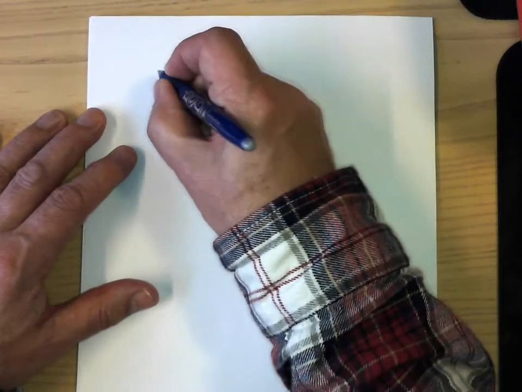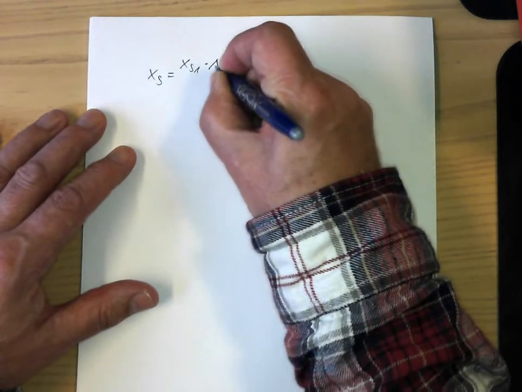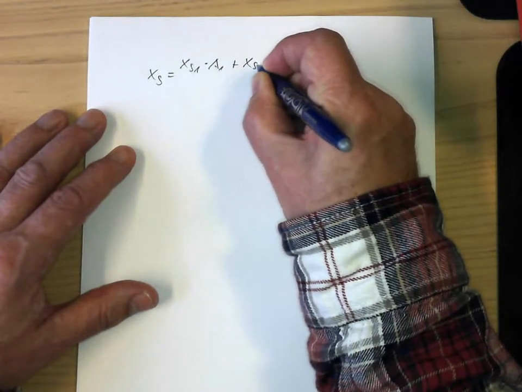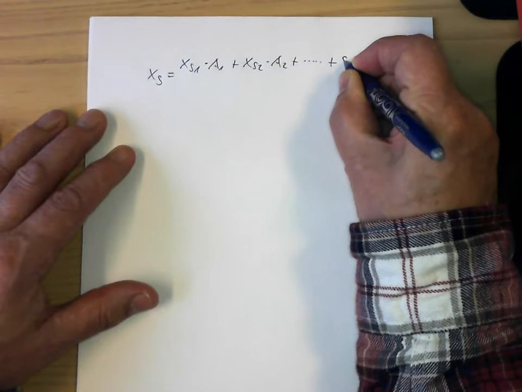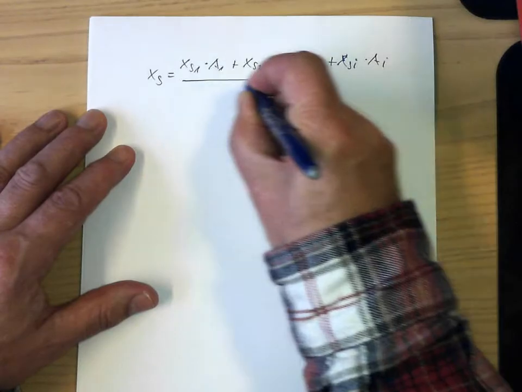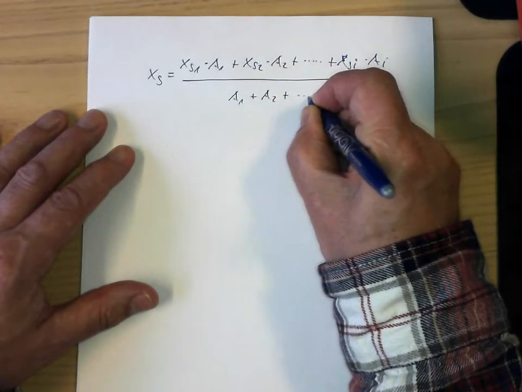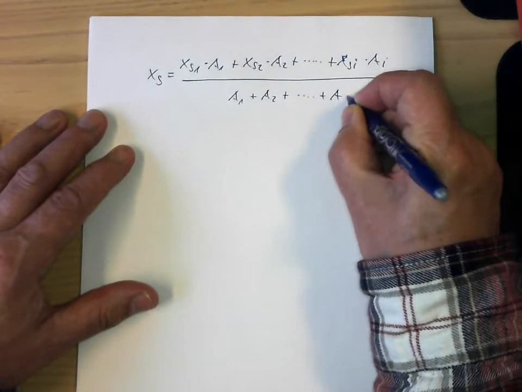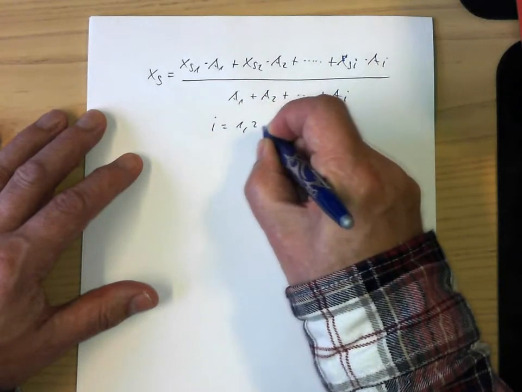So if I want to write it in a general way, if we have more than two areas which assemble the whole area, I can write it like this. xs is xs1 times a1 plus xs2 times a2 plus and so on up to xsi times ai, divided by a1 plus a2 plus and so on up to ai, and i is 1, 2, 3 and so on.